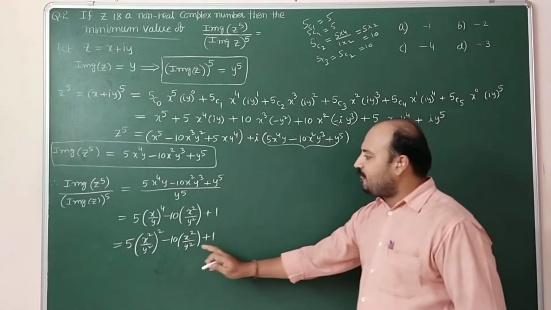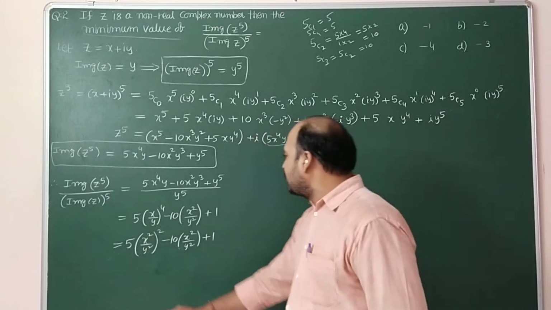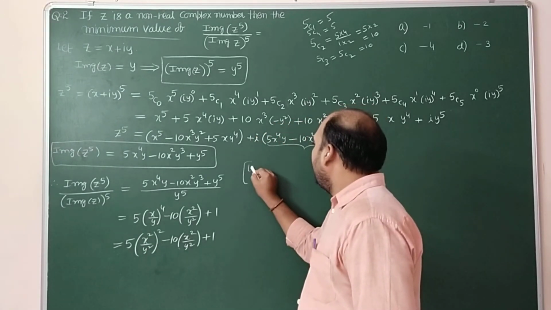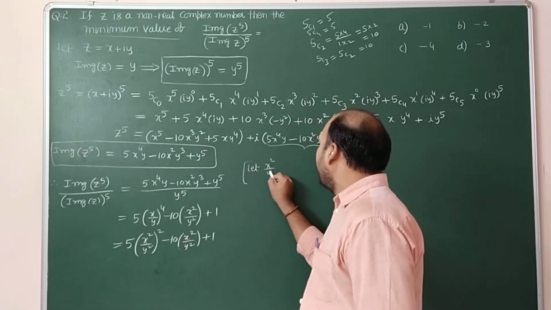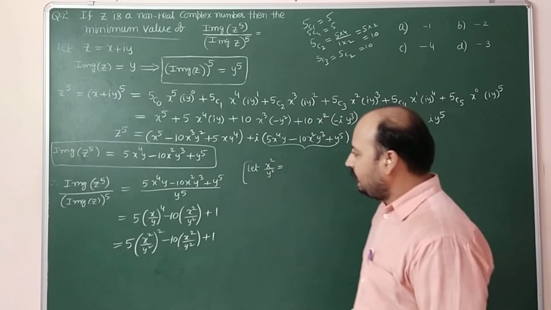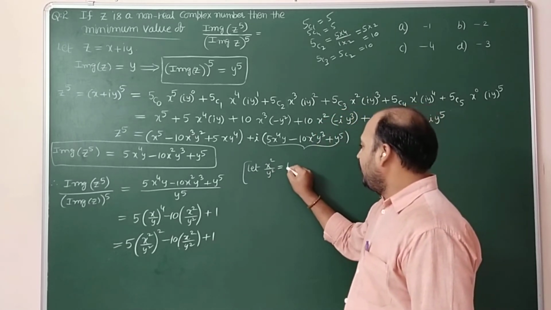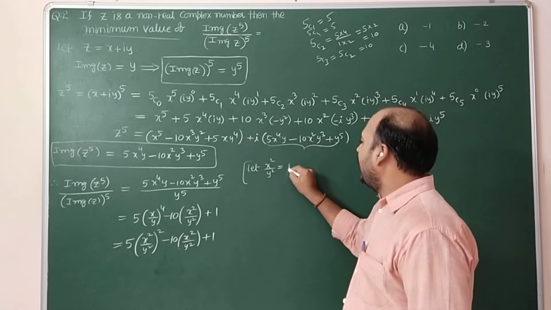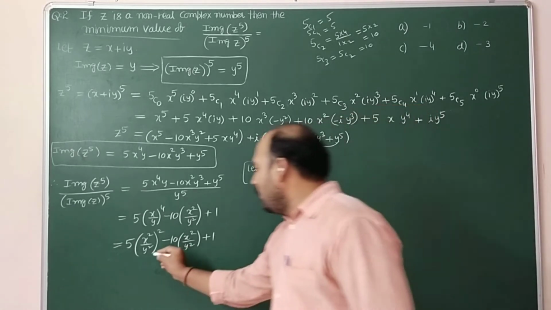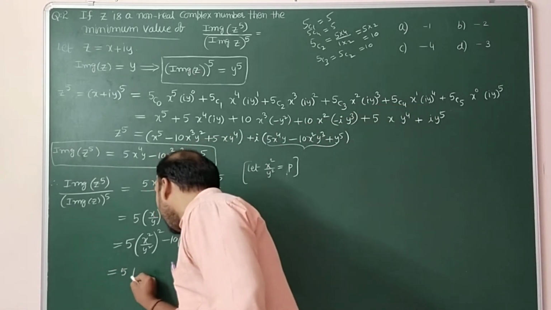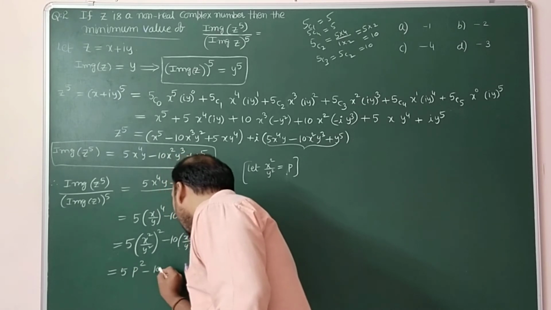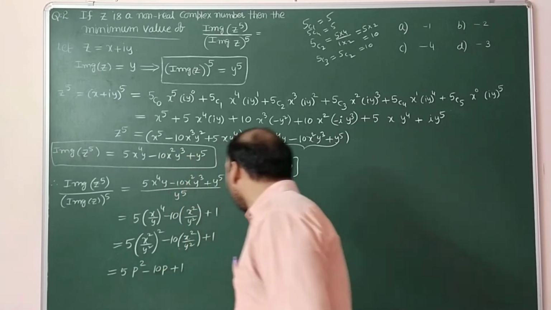I am taking common 5, and x square by y square I am assuming, let x square by y square be equal to some t, otherwise p you take. So it will become 5p square minus 10p plus 1.